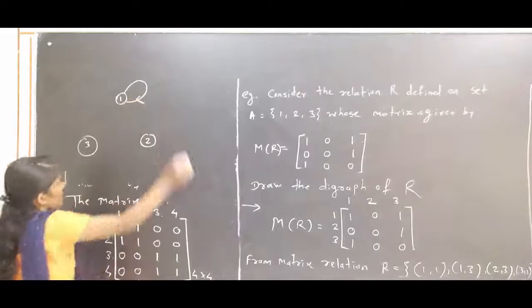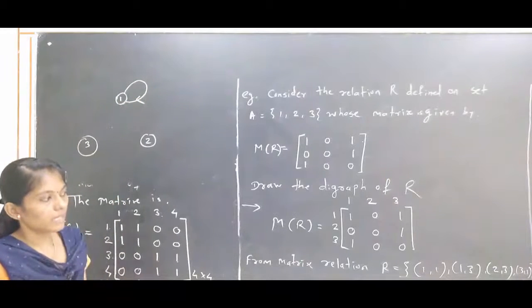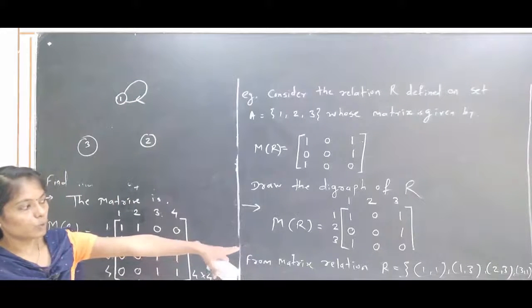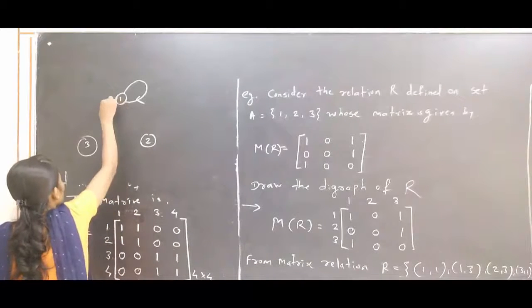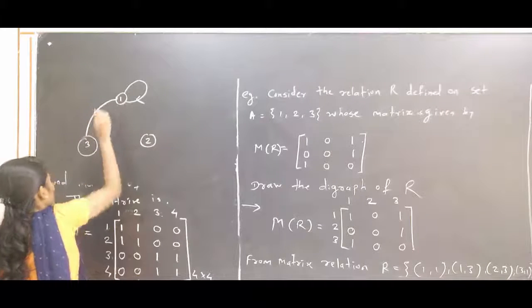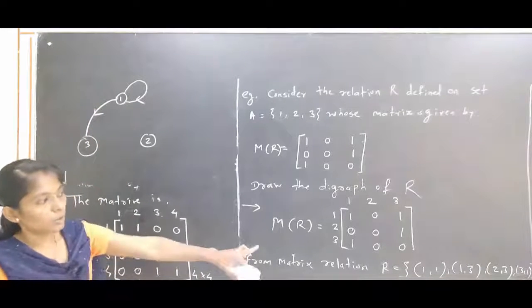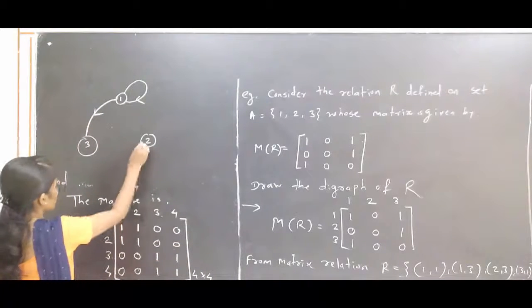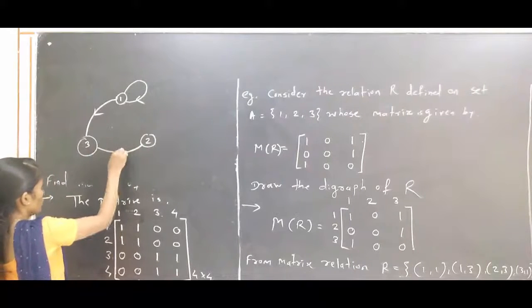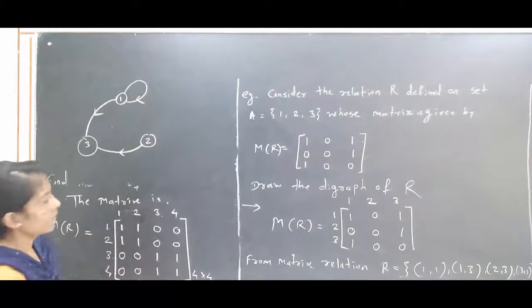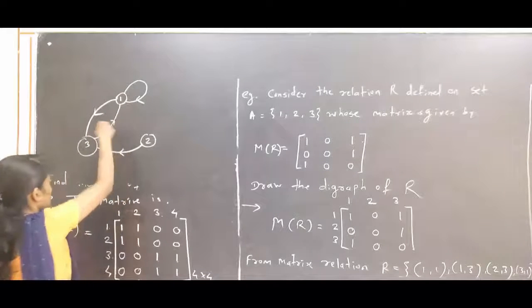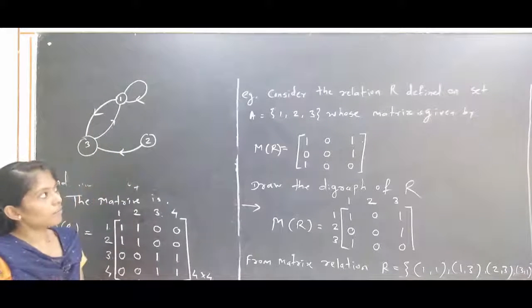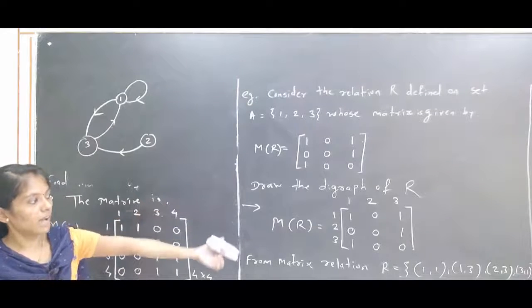Then pair (1,3) belongs to R, that is 1 is related to 3, so draw an arrow from 1 to 3. Then 2 is related to 3, so from 2 to 3. And 3 is related to 1, so from 3 to 1. So this is the diagram of relation R.